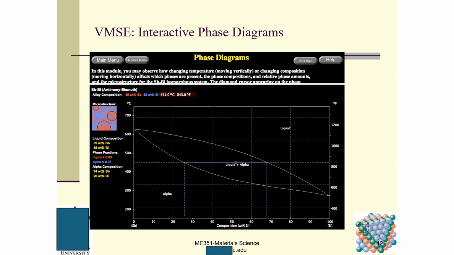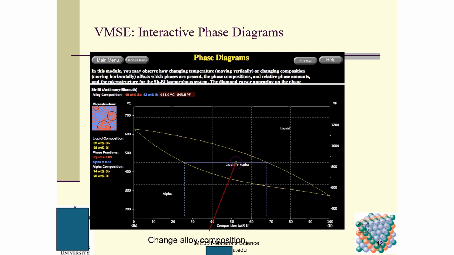Also you can draw a tie line to calculate the composition of different phases, and also calculate the weight fraction, the percentage, of the different phases.